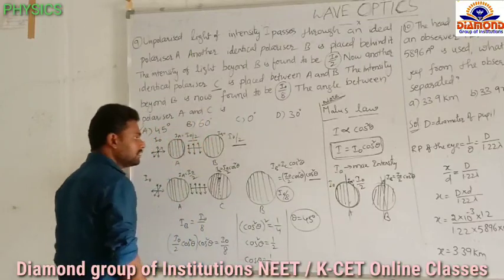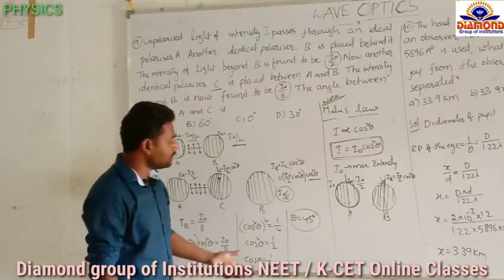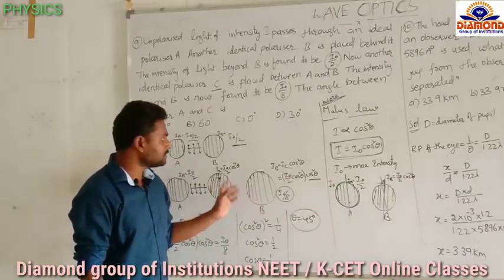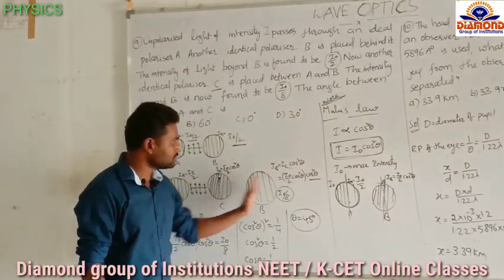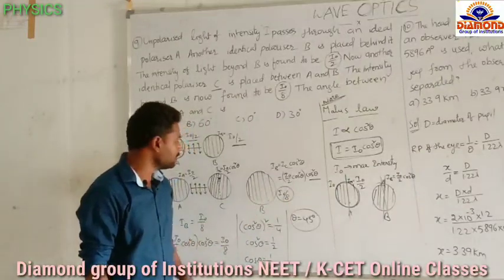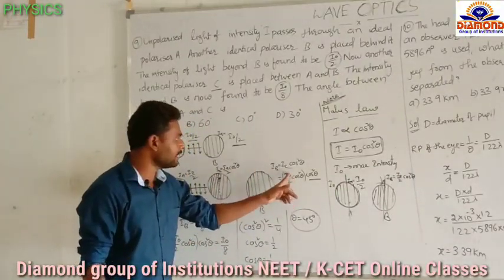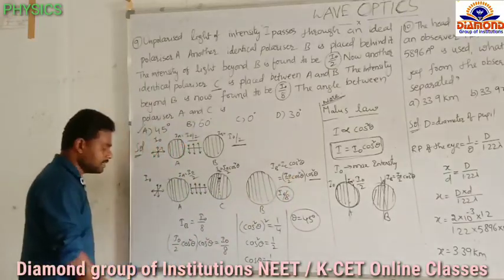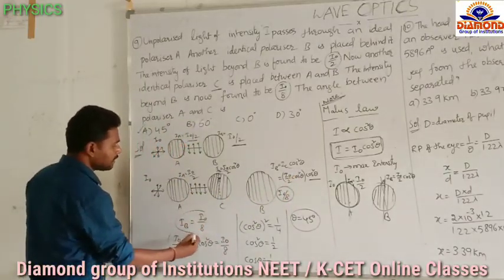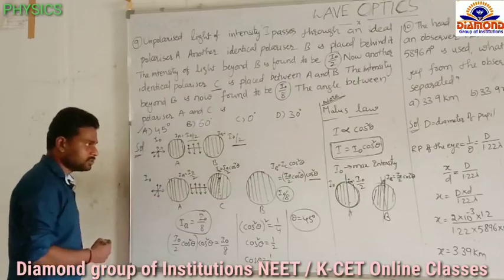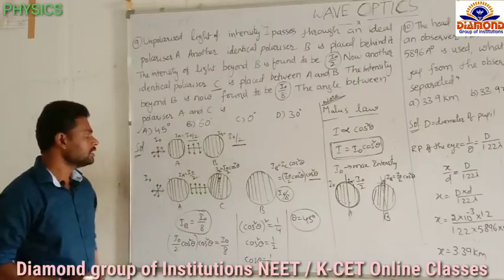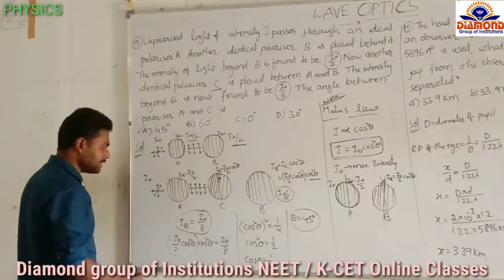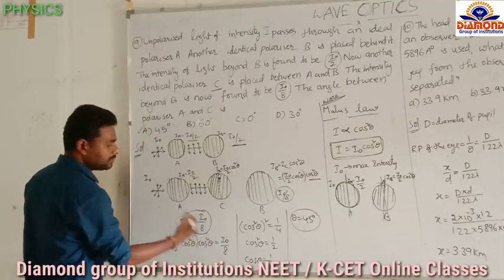In the question they have given the intensity after passing through B as I naught by 8, but by the Malus law we get I naught by 2 cos square theta into cos square theta. Equate these two terms.